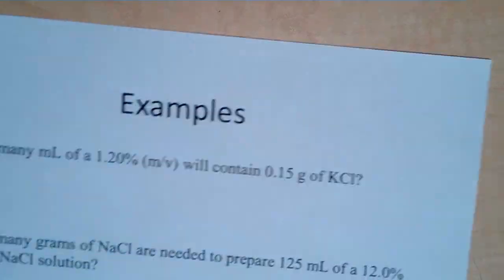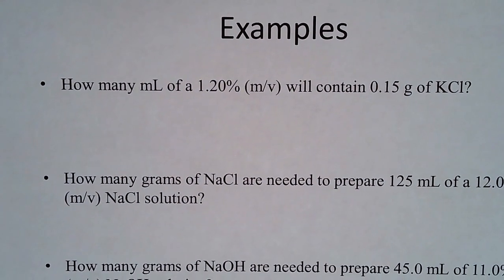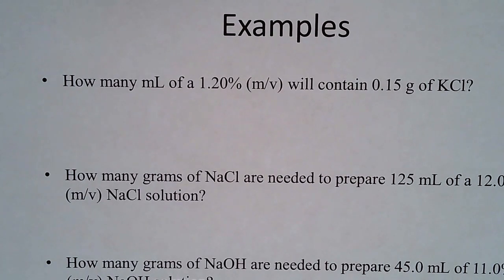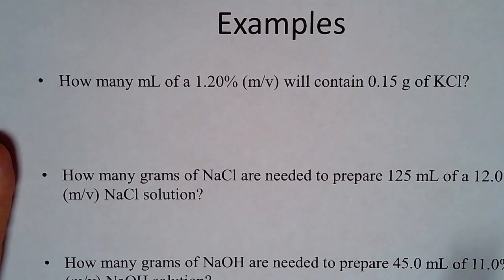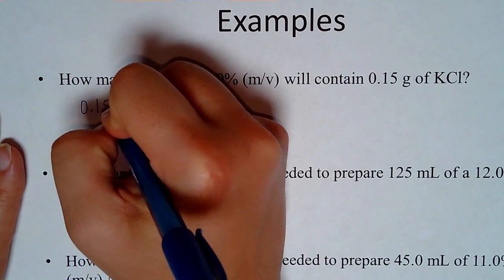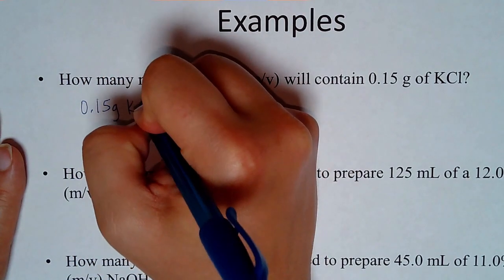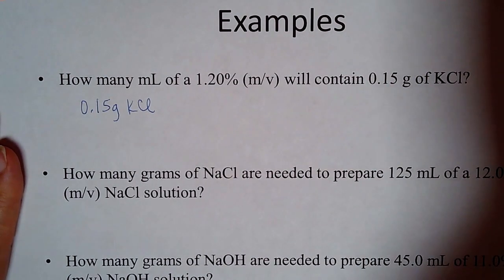Alright, let's look at using our percentage as a conversion factor. How many mils of a 1.2% mass to volume solution will contain 0.15 grams of KCl? Alright, so we're going to start with the 0.15. So anytime we're doing these types of word problems for calculations, we want to start with what we have or what we want.